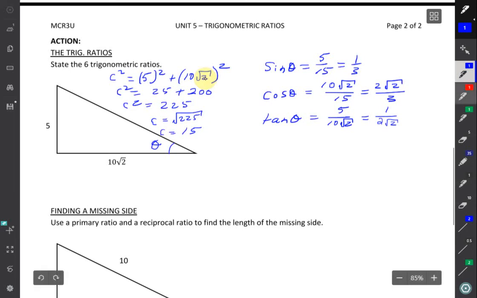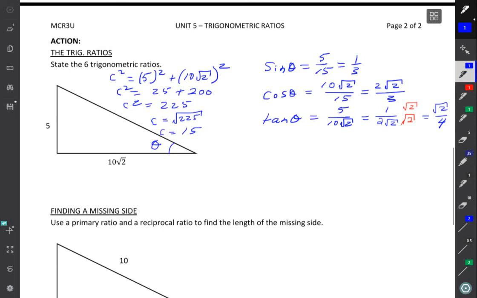So we need to multiply the denominator by root 2 and do the same to the numerator. And what we end up with is root 2 all over 2 times root 2 times root 2, which is 2, so that gives us 2 times 2, which is 4.